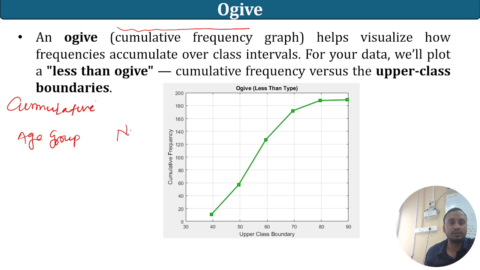and we have the numbers. Let's say this is 0 to 5, 5 to 10, 10 to 15, 15 to 20. Okay.